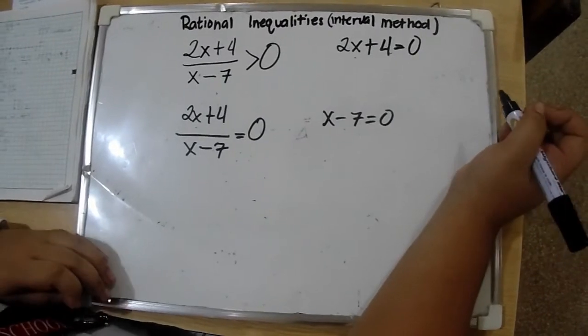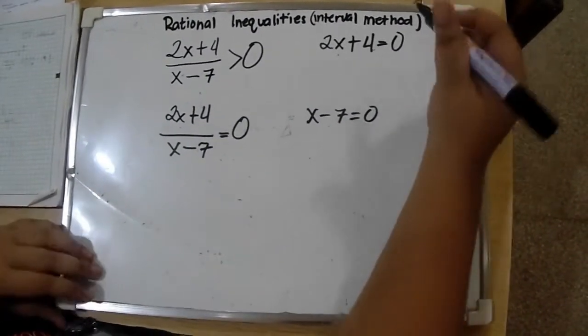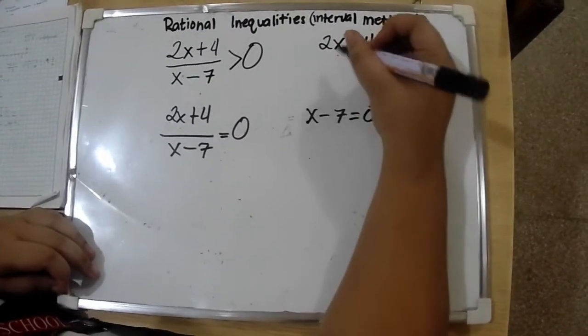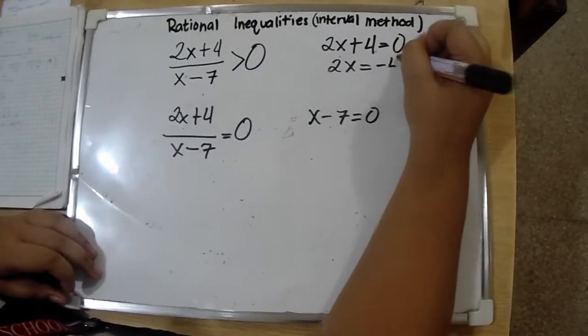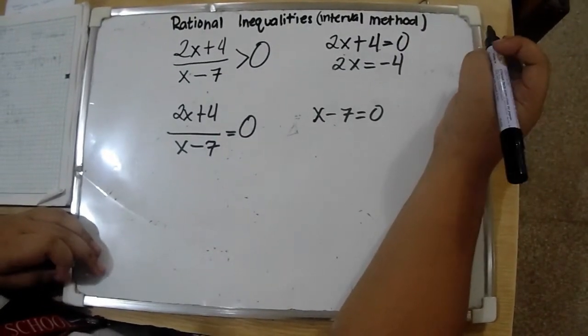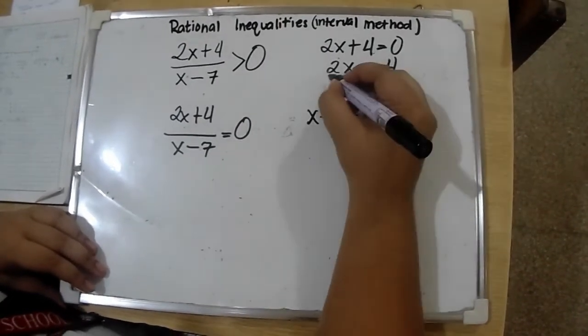So now we need to transpose to the right. So 2x is equal to negative 4. To cancel the coefficient of x, we need to divide both sides by 2.